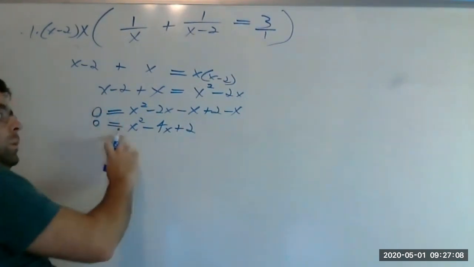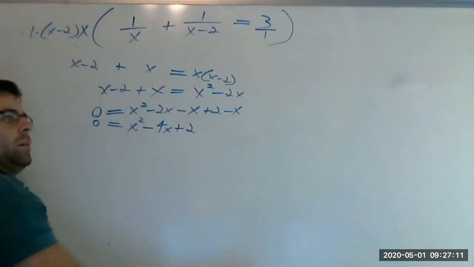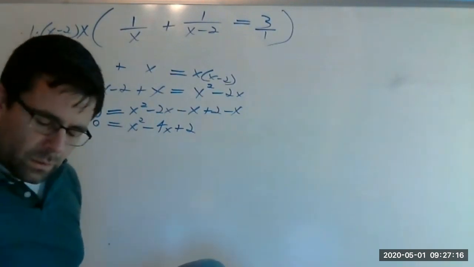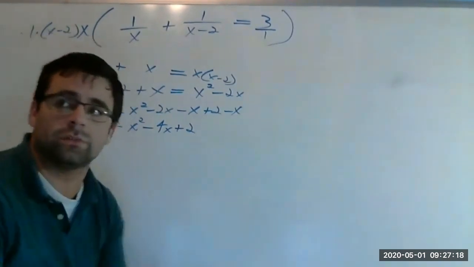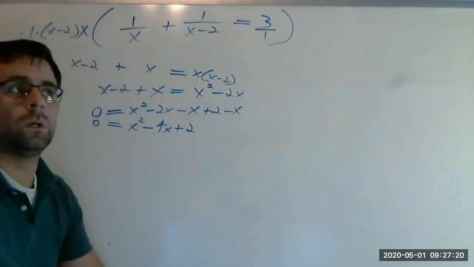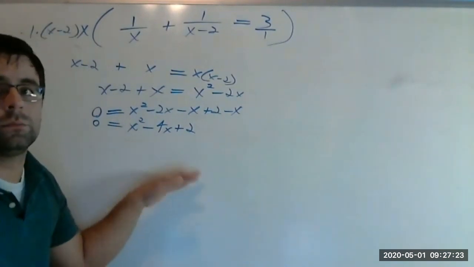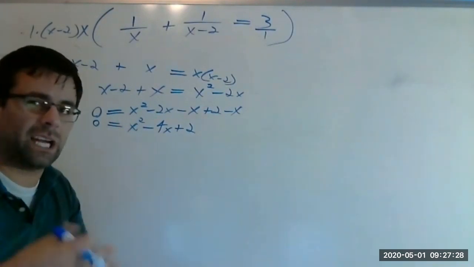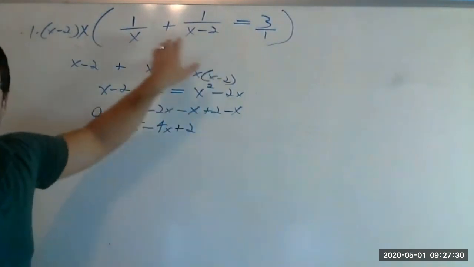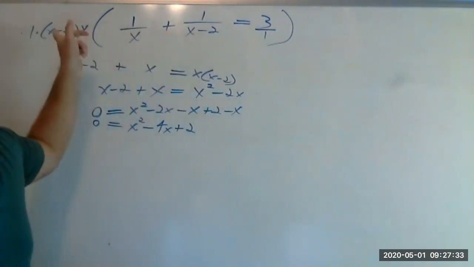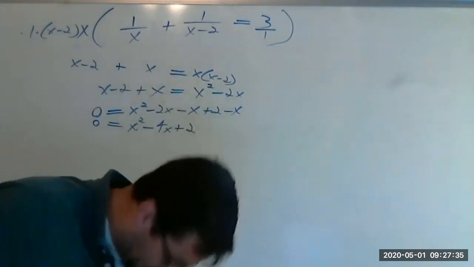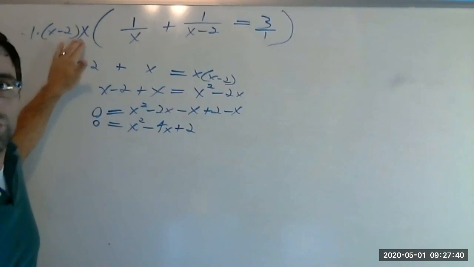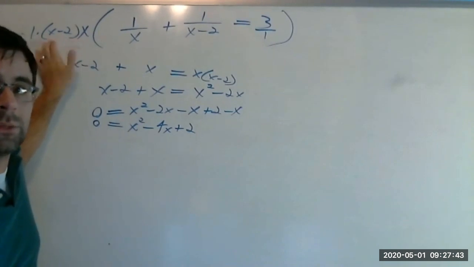So now we've turned this into a quadratic. So we can now solve for x in this case. The one caveat that's kind of different is in this step, you have to add a little note to yourself that says that the things that you are multiplying cannot be 0.